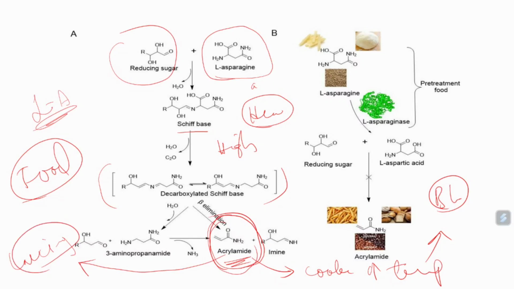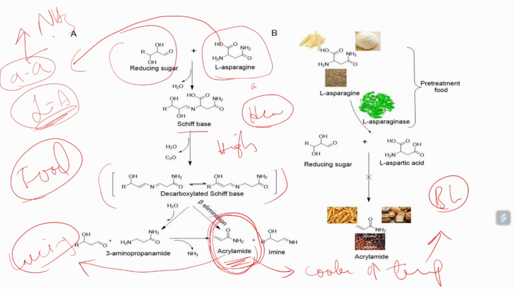So in the food industry, if the L-asparaginase enzyme is used, this enzyme will stop the conversion to acrylamide. And in this process, actually, this L-asparaginase enzyme converts asparagine into aspartic acid and ammonia.